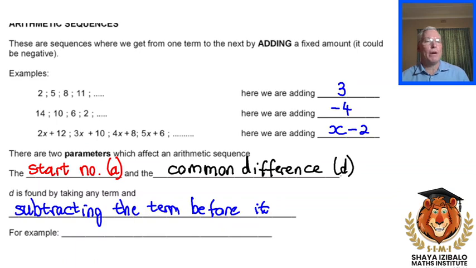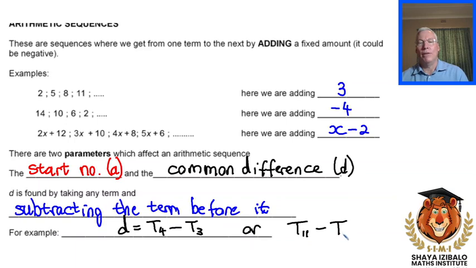The way we work out the common difference is to take any term and subtract the term before it. So for example, if we took term 4 and subtracted term 3, or if we took term 11, we would subtract term 10, the term before it. Does it make sense? It always makes sense.